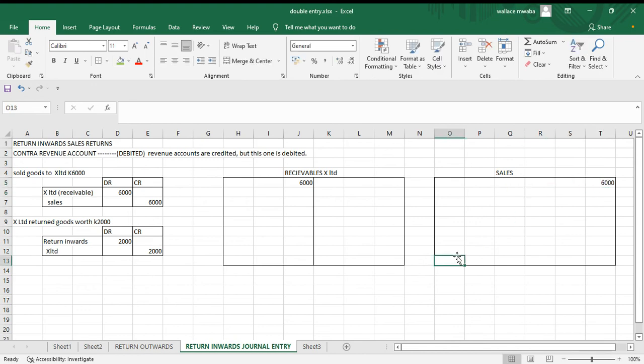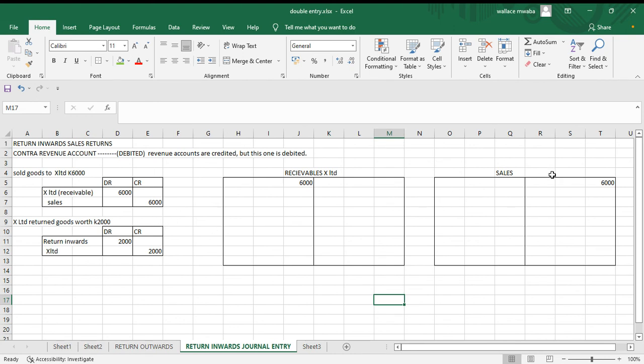Remember, return inwards is an adjustment made to sales in the trading account. You always subtract return inwards from sales to get your turnover.